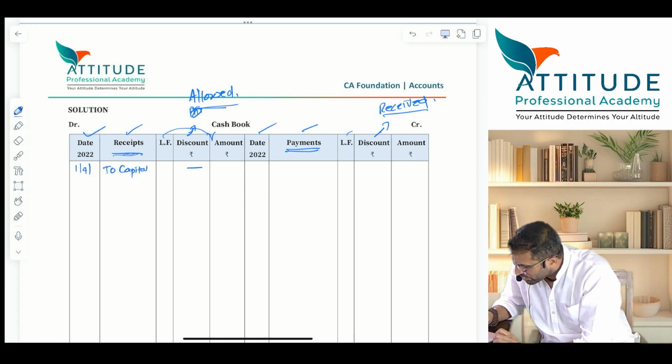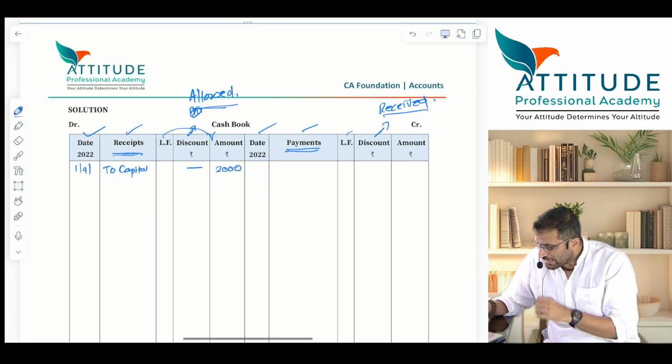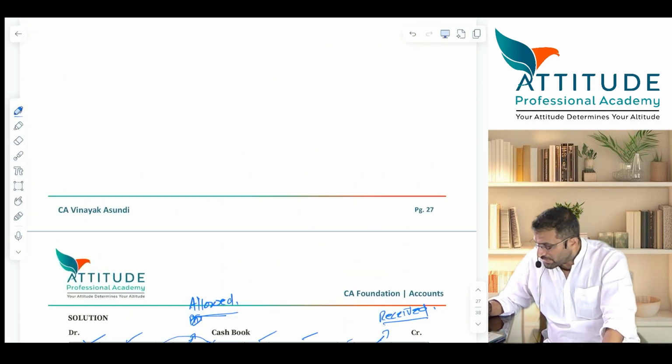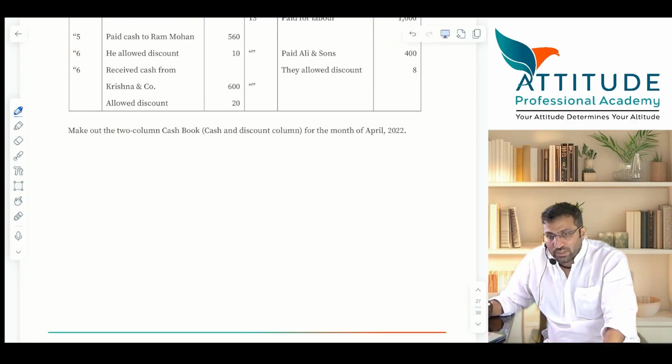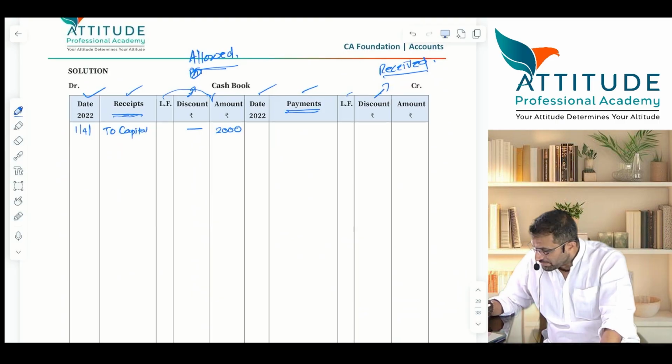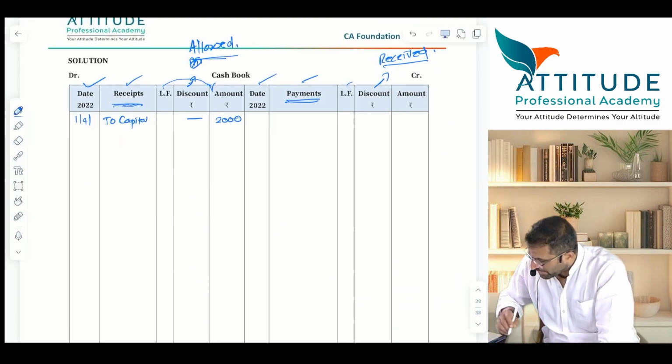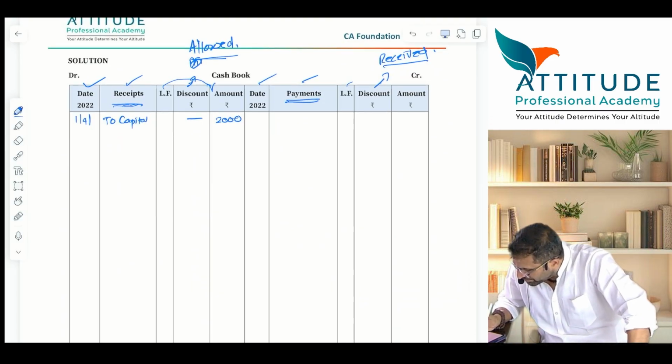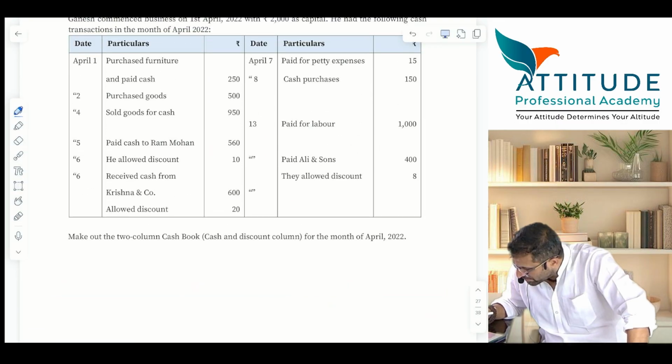Discount column or cash column? How much? Is that clear? Understood? Next. Tell me. What is the next one?